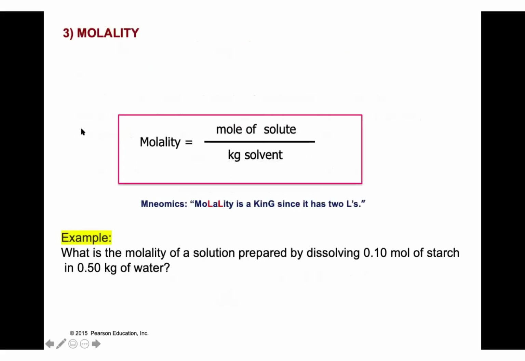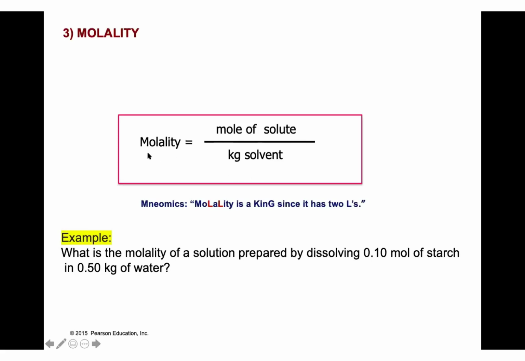Okay, let's go to the last one in the solution concentrations, which is molality. Molality is different from molarity. So make sure you make a difference. I would recommend, as I always say, make a flashcard to put it in your mind.